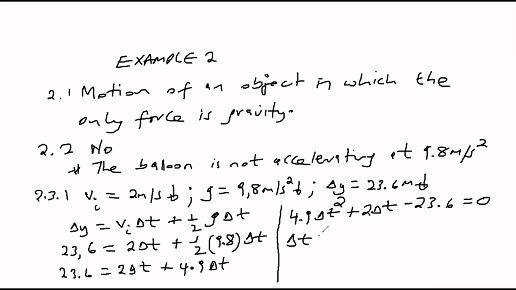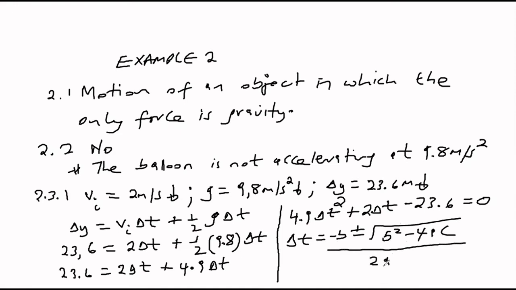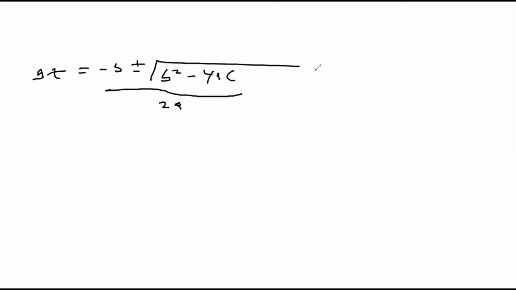So we're going to have delta t equal to minus b plus or minus the square root of b squared minus 4ac, all over 2a. Okay, let's substitute the known values quickly. Delta t equal to minus b plus or minus the square root of b squared minus 4ac, all over 2a, which is equal to, what is b? b is 2.